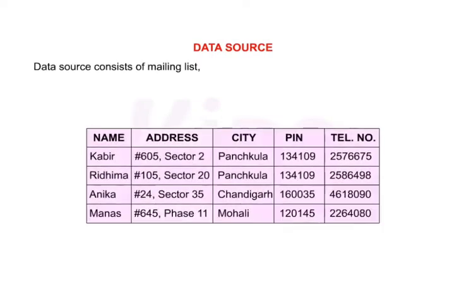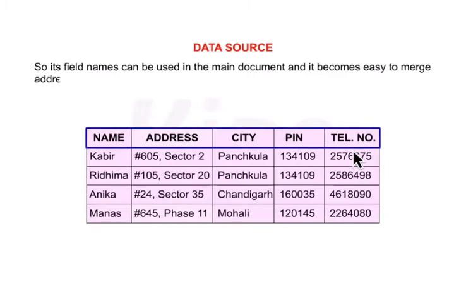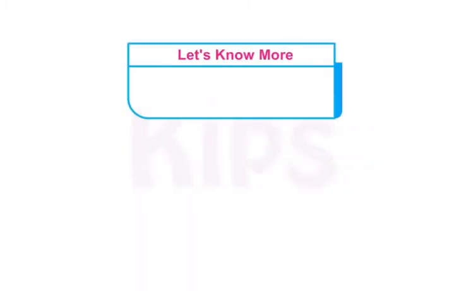A data source consists of a mailing list, for example, name, address, city, PIN, telephone number, etc. The data is organized in tabular form along with the field names. The data source is associated with the main document, so its field names can be used in the main document and it becomes easy to merge addresses along with the main document. Students, let us know more.